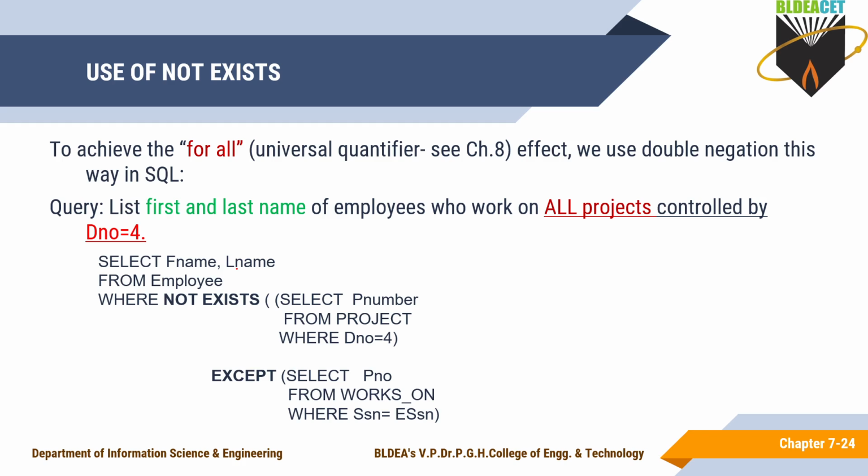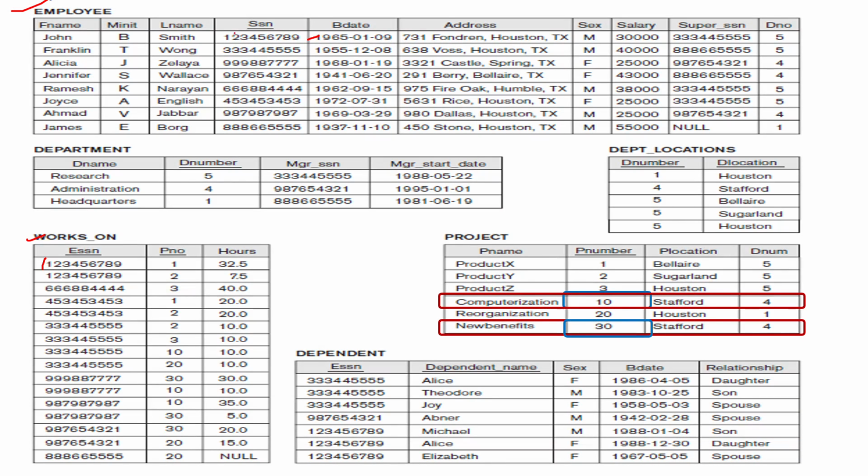In the same way, it selects the second ESSN, that is 33445, and compares it to this 33445. And what are the project numbers you have? 2, 3, 10, 20. So now for this one, the first inner query output is 10, 30 minus 2, 3, 10, 20.